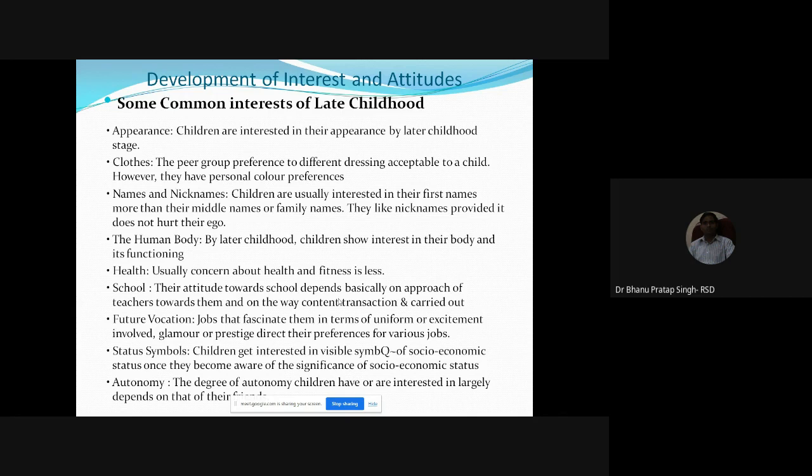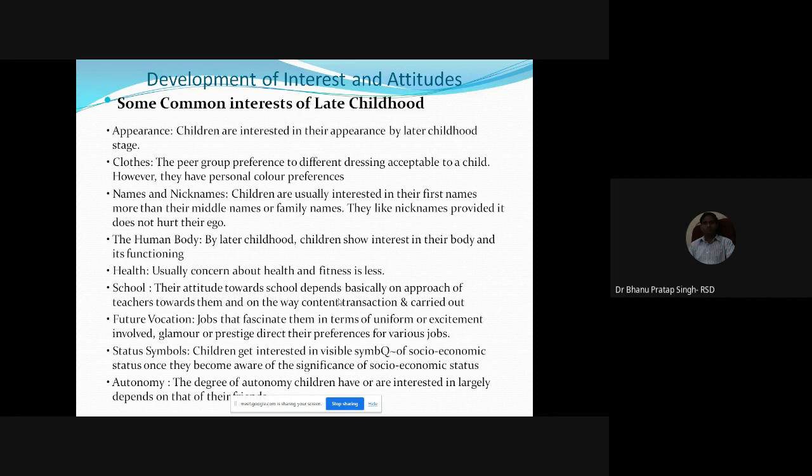Future vocation: although late childhood is not the age to decide what to do, what job is important for him or her, by seeing experiences, by looking at the neighborhood, he or she also starts thinking about what he should become.